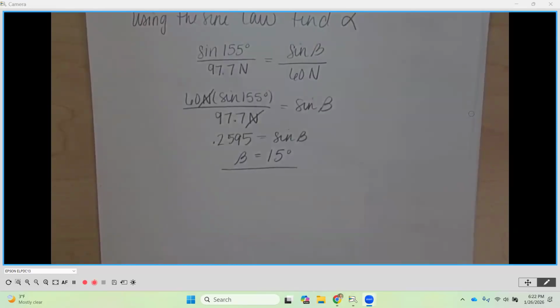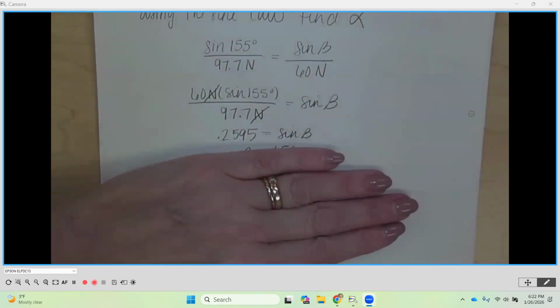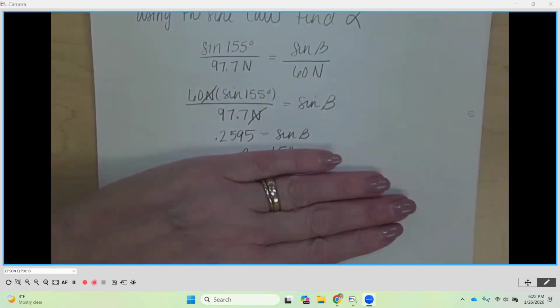So if we take 60 times sine 155 divided by 97.7, 0.2595, yep. And then second function sine on mine, and that's 15 degrees. Everybody get that? You have to do that on your calculator. I'm not sure how to do it on your calculator. I have a second function sine, so it would be the inverse sine.